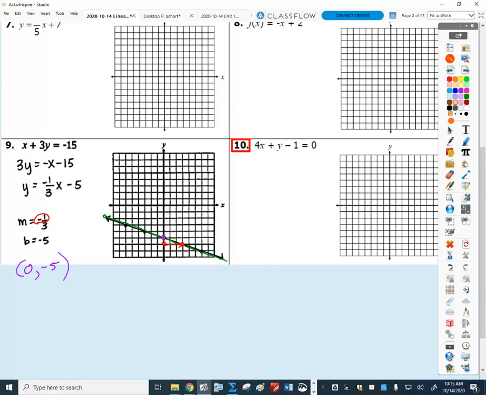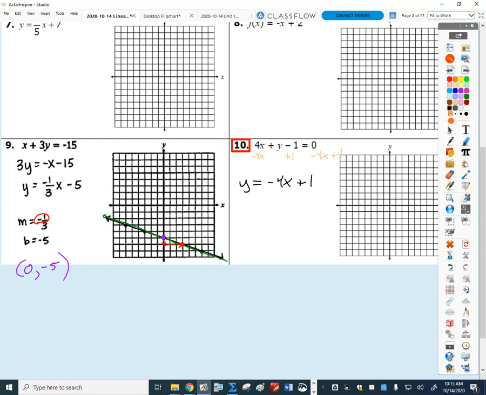But you could do it either way. So then it'd be y equals negative 4x plus 1. There you go. Good. So we're going to subtract 4x and add 1 to both sides. And so we get y equals negative 4x plus 1.